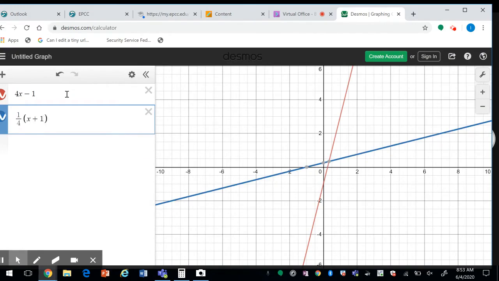So look at the values there and think about whether these are inverses of each other or not.